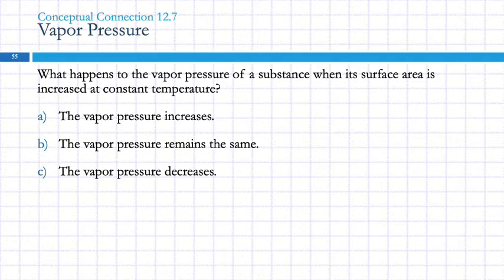So by increasing the surface area, we're going to increase the rate of evaporation, but we're also going to increase the rate of condensation. So how's that going to affect the vapor pressure? The same. It'll be the same, which is very convenient.